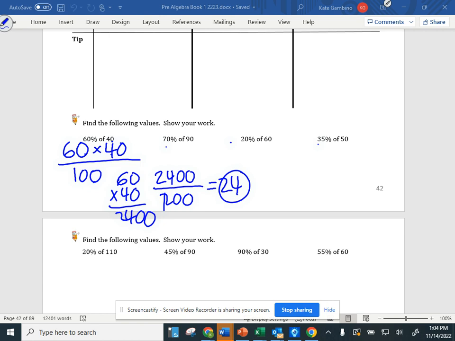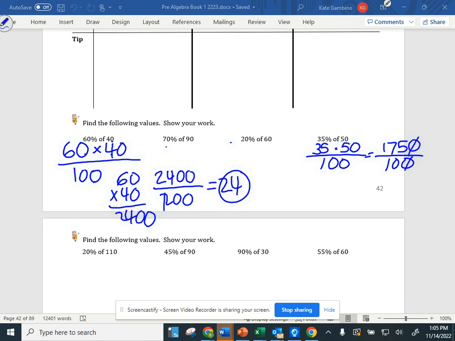35% of 50? Yeah. So if we do it the same way, what would my fraction look like, Emily? 35 times 50 over 100. So what's 35 times 50? 1,750 over 100.